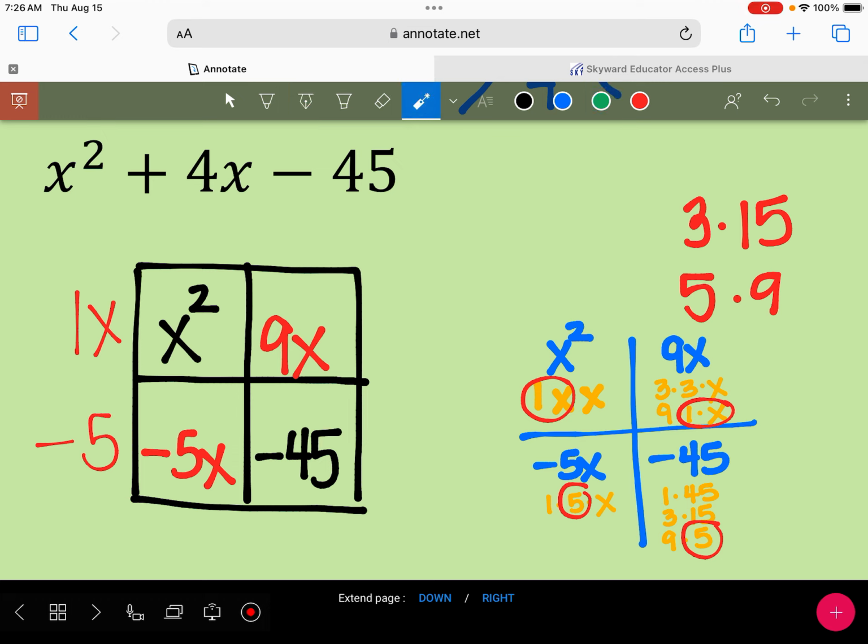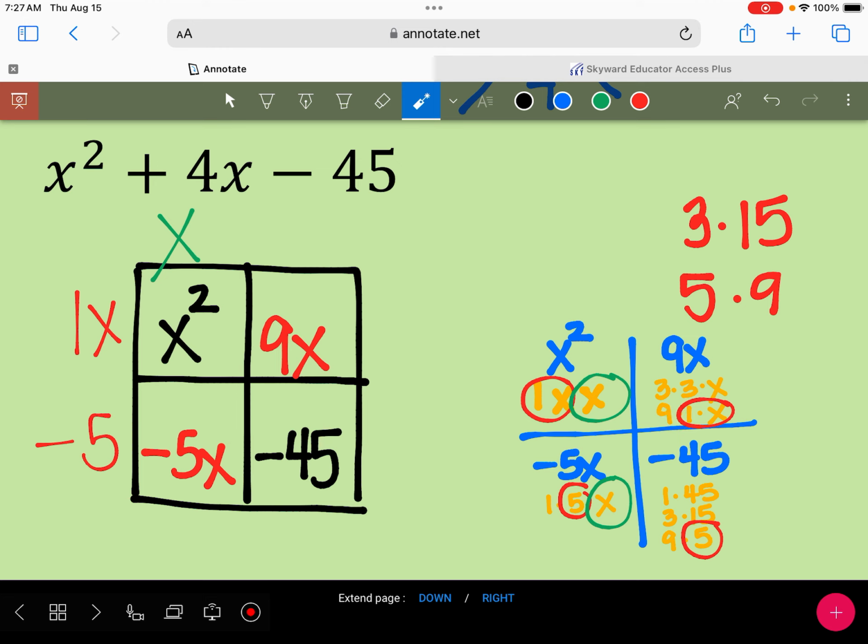All right, so now let's look at these two squares. What's left for me to take out of these two squares? What do they both have that I can take out? An x. So I'm going to take that out. And then you see they both have a 3, but we want to get the biggest amount we can get.